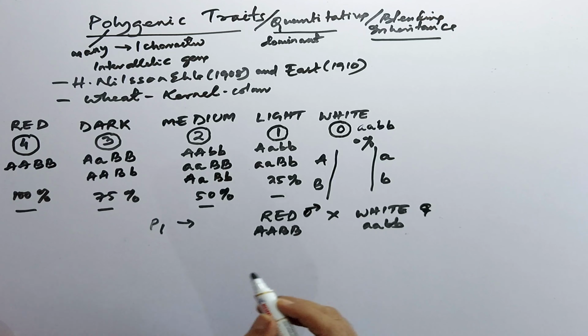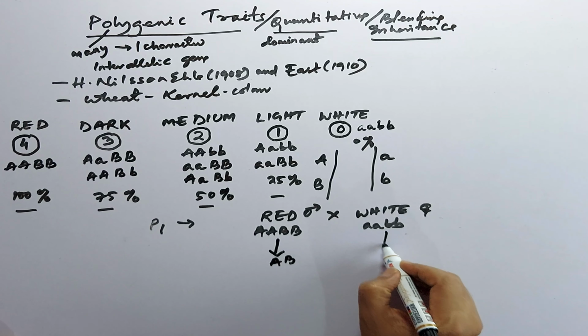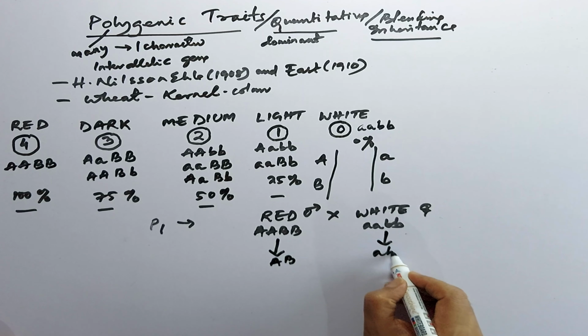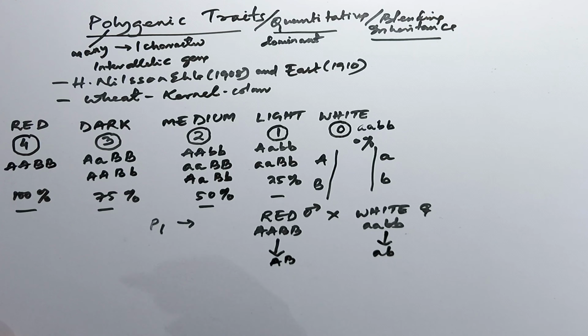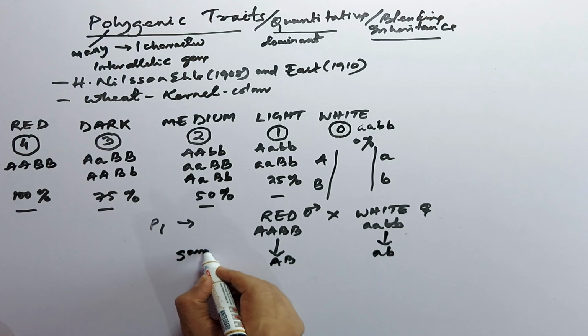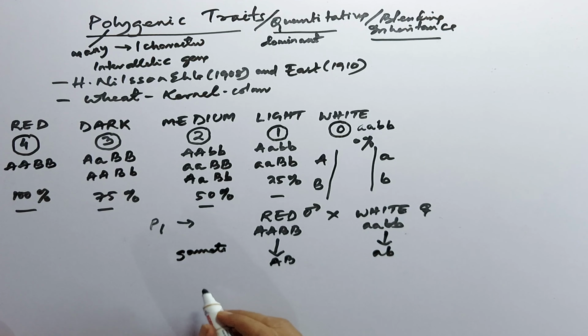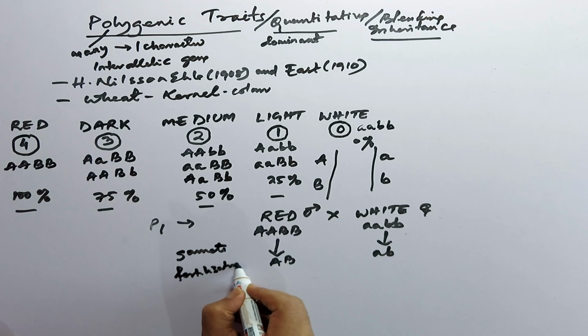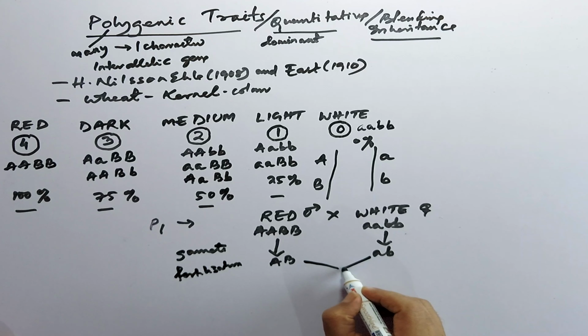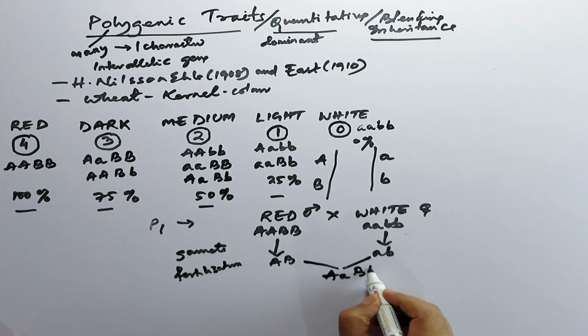Each will give only one type of gamete, capital A capital B and small a small b. When fertilization occurs, they fuse and all become capital A small a, capital B small b. These are the medium type.